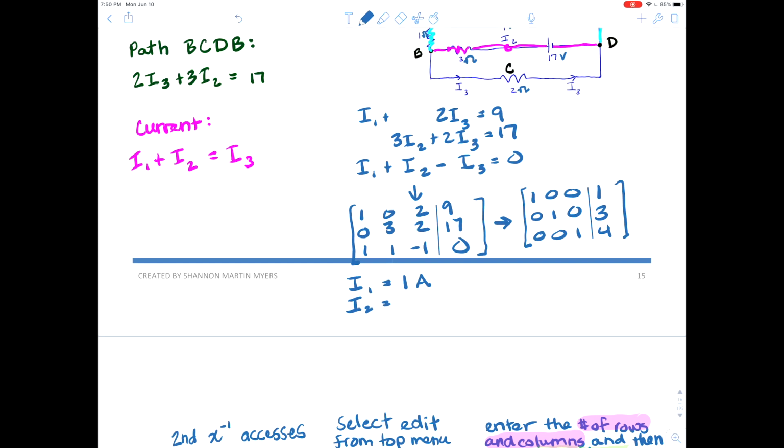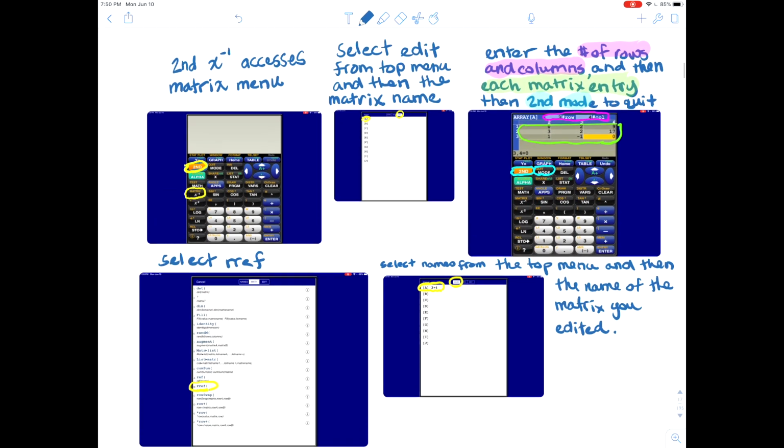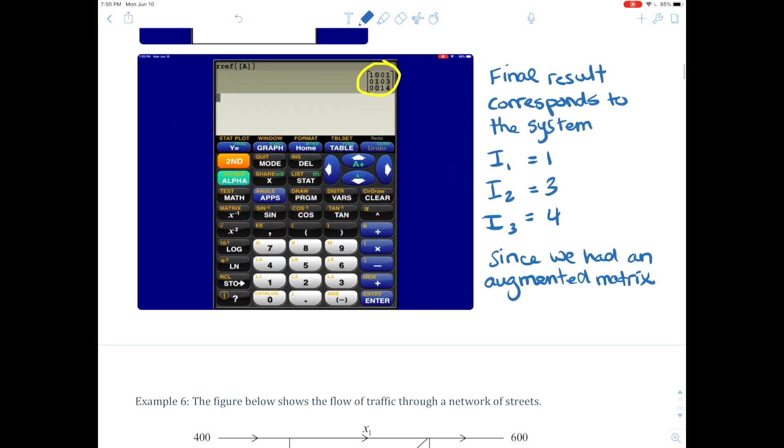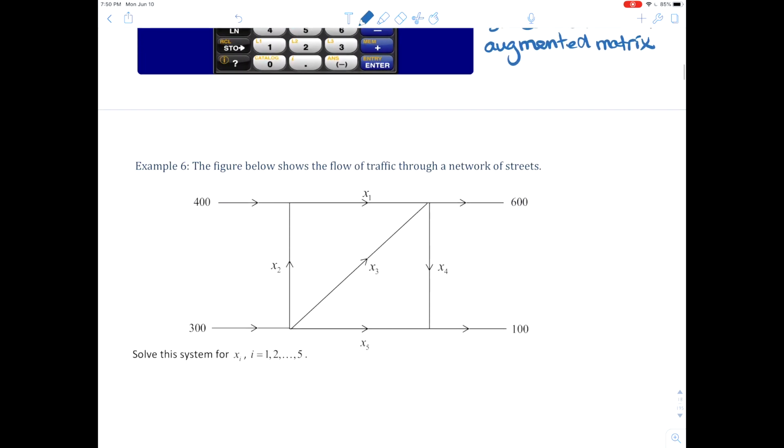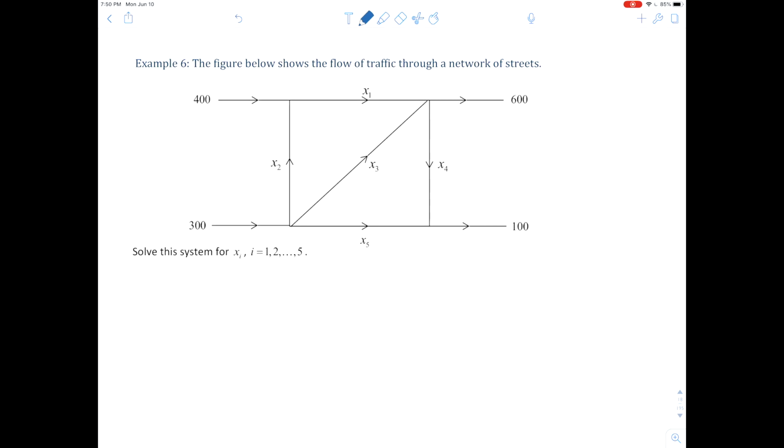I2 is equal to 3 amperes, and I3 is equal to 4 amperes. And that is our result. Cool, cool? All right. So I put screenshots of everything. Hopefully that explains it well enough for you. If not, there's a ton of stuff on YouTube that you can utilize.